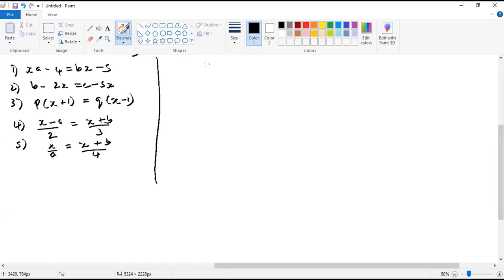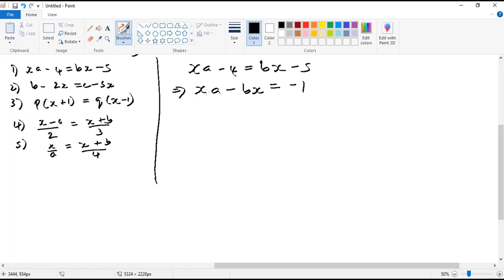Okay. So I'll write it back at the top. So ax minus 4 equals bx minus 5. So we'll group the x's. Carry over the number to the other side. So we have 4 minus 5, that would have given minus 1.